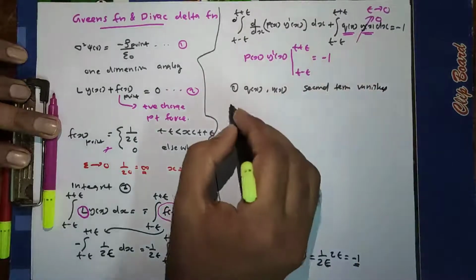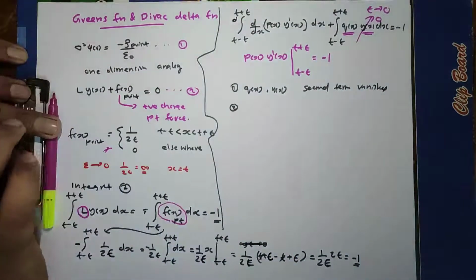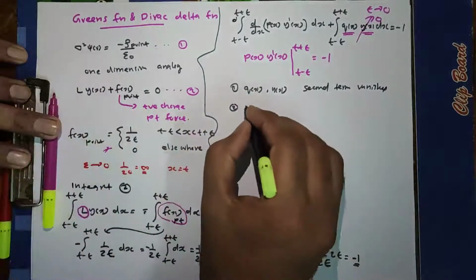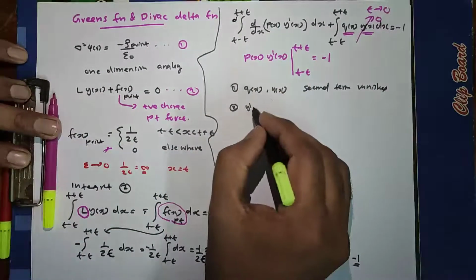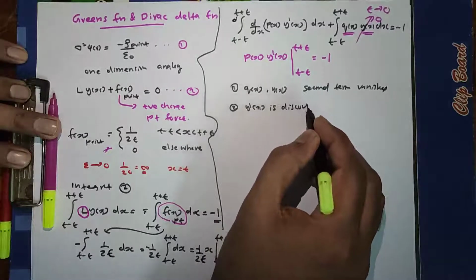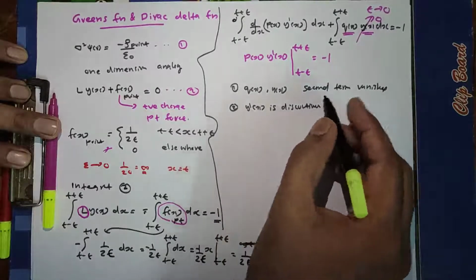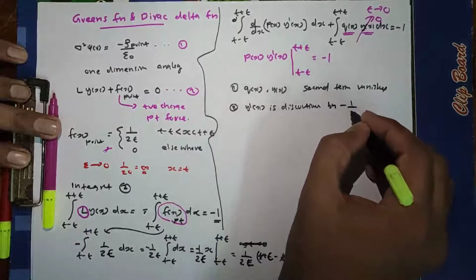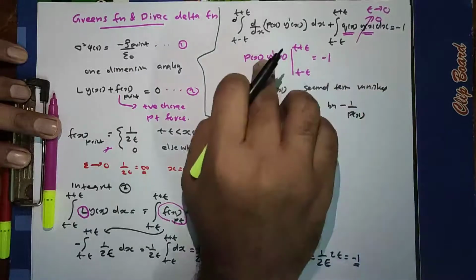Second condition, second y prime x: inside this integral, y prime x is discontinuous by -1 by p of x.